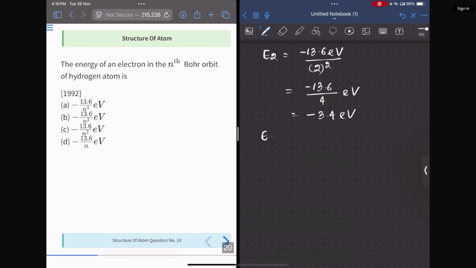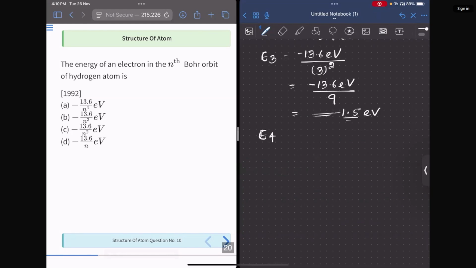Similarly for E3, minus 13.6 electron volt divided by 3 square, that is 13.6 divided by 9, which is around minus 1.5.